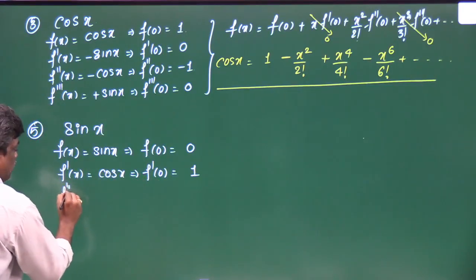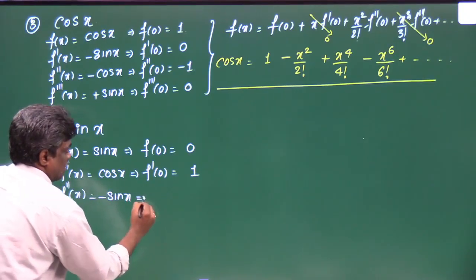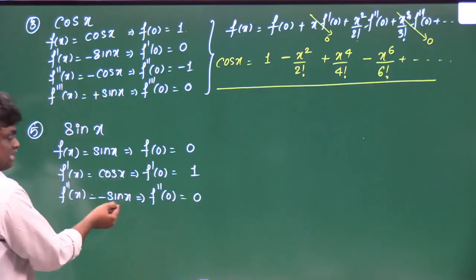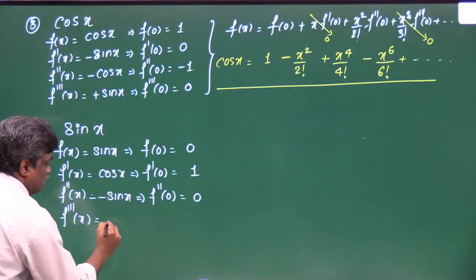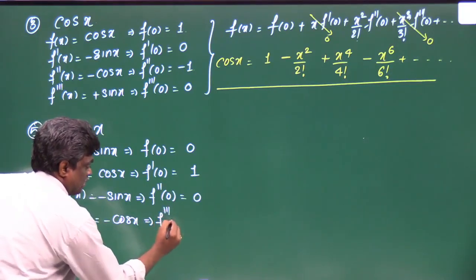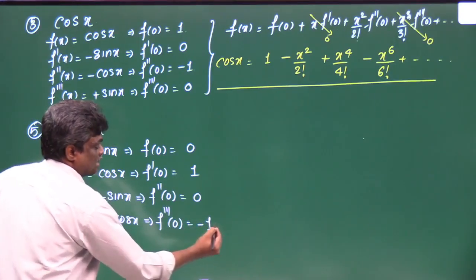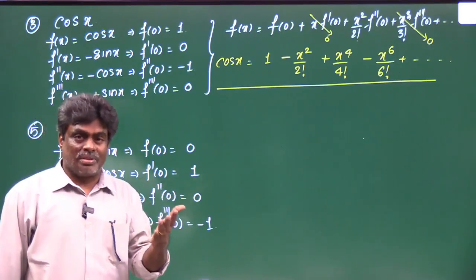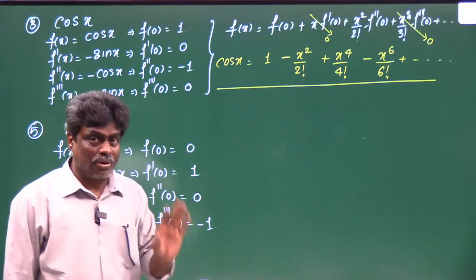Let us see, f double dash of x equal to minus sin x. That's why the second derivative is 0, because sin 0 is 0. And the third derivative is minus cos x, and if you take this third derivative at x equal to 0, we are getting minus 1. So I hope you understand now. Even power terms are 0 and odd power terms are non-zero.